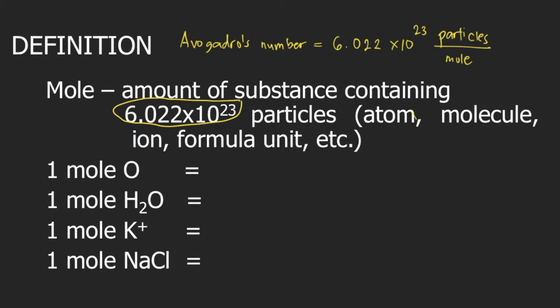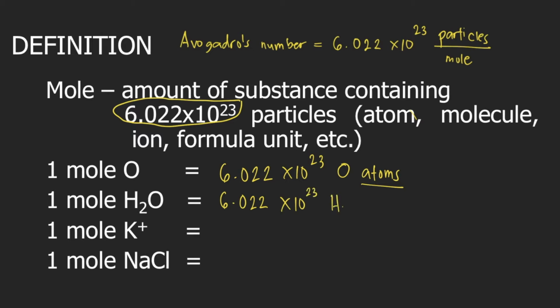So for example, we have here 1 mole of oxygen. So when you say 1 mole of oxygen, this contains 6.022 times 10 raised to 23 oxygen atoms. So we use atoms because oxygen is a single element. 1 mole of H2O or water contains 6.022 times 10 raised to 23 water molecules.